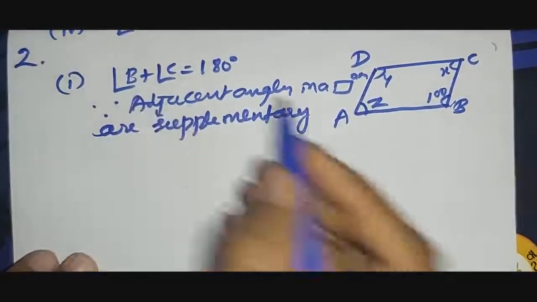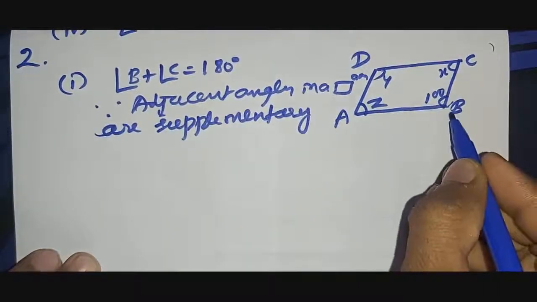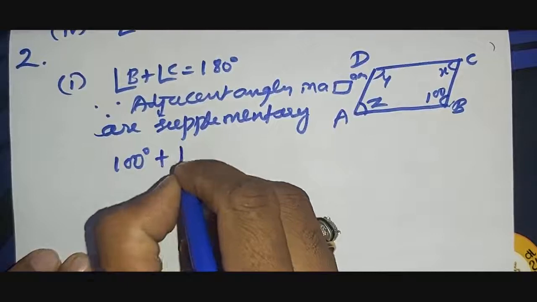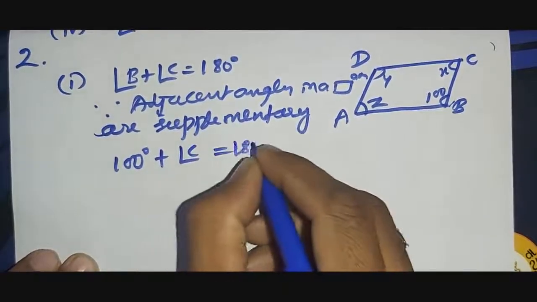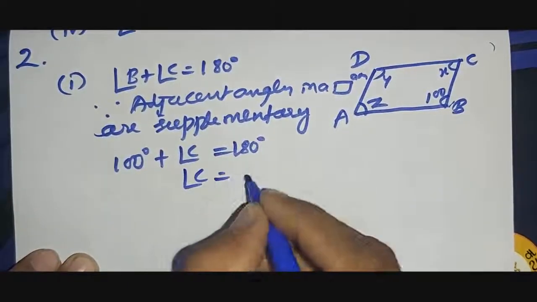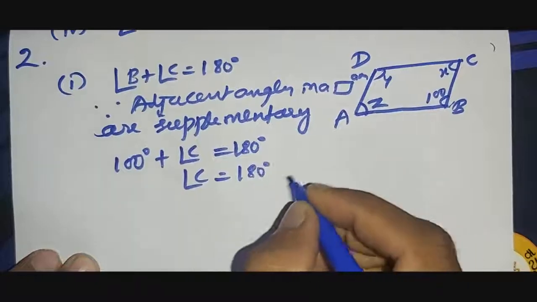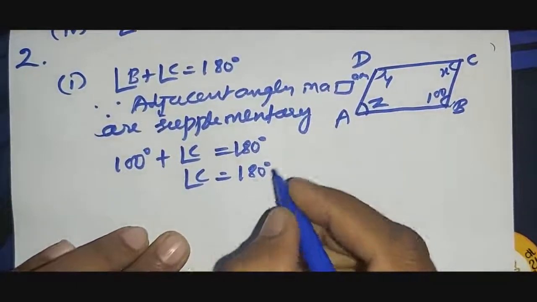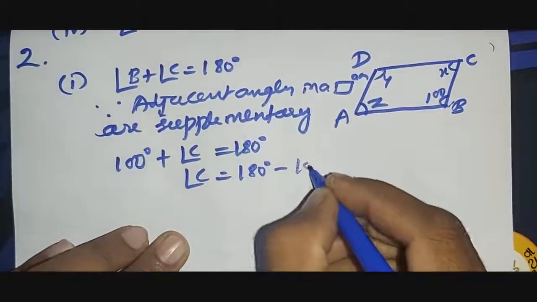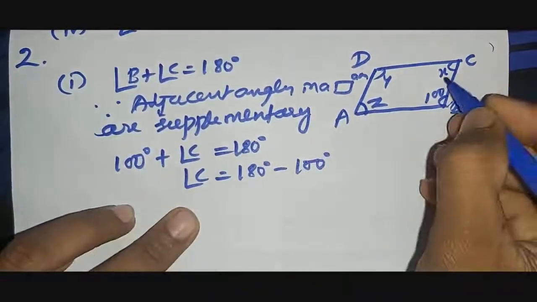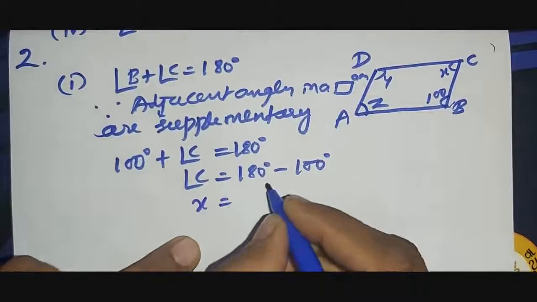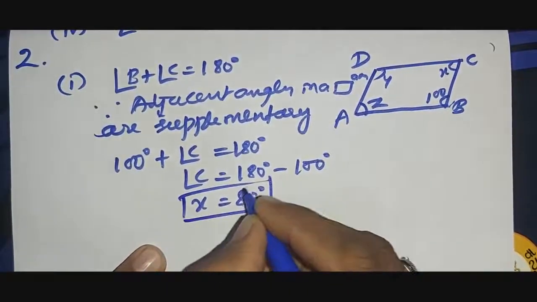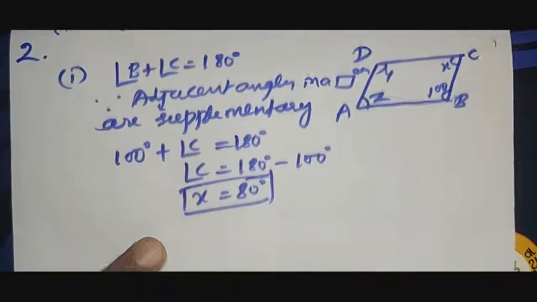Angle B is 100 degrees plus angle C is equal to 180 degrees. Therefore angle C is equal to 180 minus 100 degrees. Angle C is x. So x is equal to 180 minus 100, which is 80 degrees. Therefore the value of x is 80 degrees.